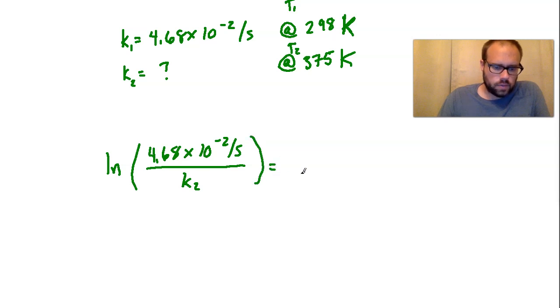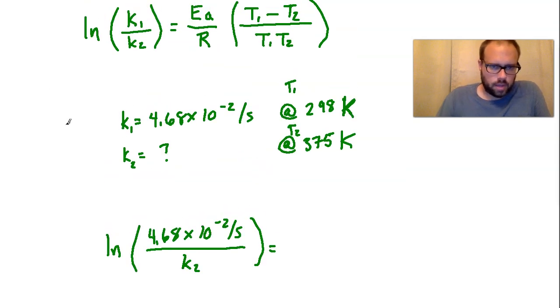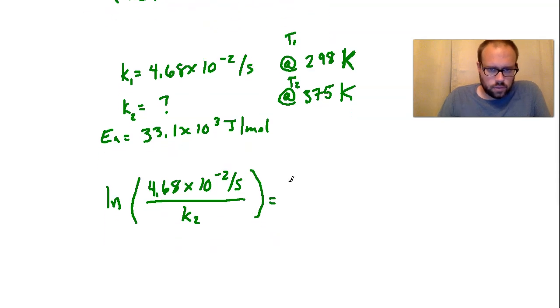And we can set that equal to, all right, now the energy of activation, I should have laid that out, okay? The problem states that the energy of activation is going to be 33.1 times 10 to the 3rd joules per mole. Okay, so that's the energy of activation. We would need that in order to solve this. And so what we'll do is we'll put in 33.1 times 10 to the 3rd joules per mole over 8.314.